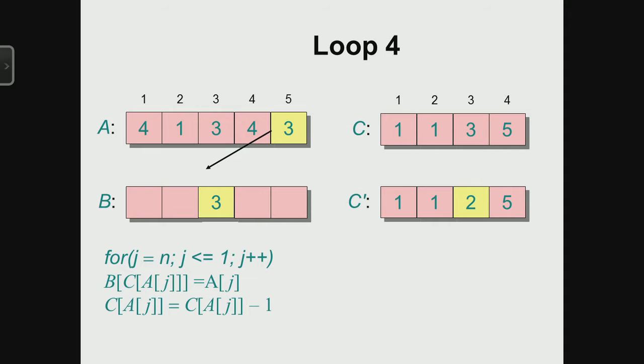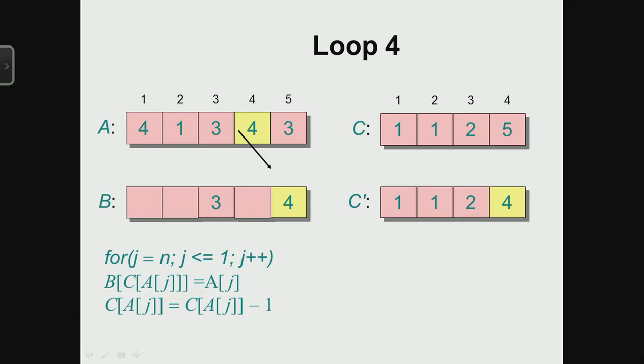Now, the element 3 should definitely be in the third position in the sorted array, and therefore, 3 is now placed into the third position, and the number of elements smaller than 3 is now reduced by 1.